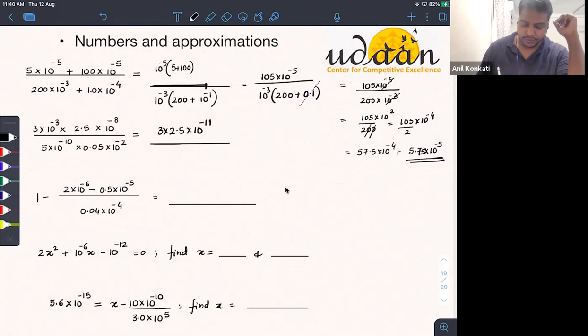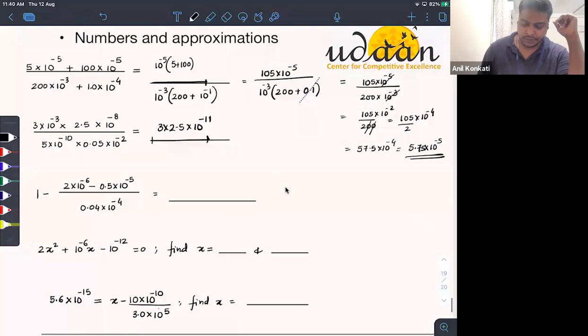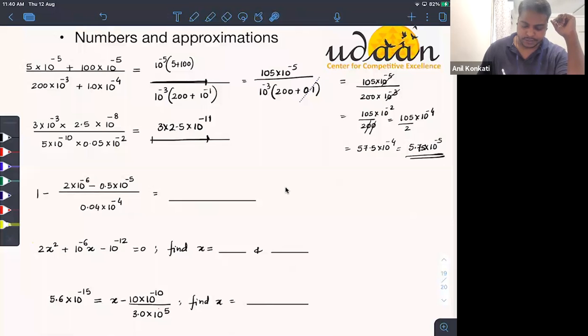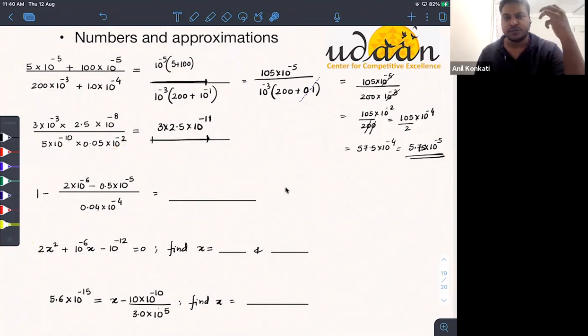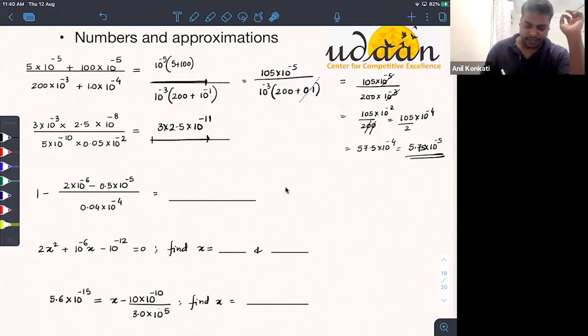That whole divided by, here you see 10 raised to power of minus 2 and 10 raised to power of minus 10. 10 raised to power of minus 10 is way too small a number, son, it's much smaller as compared to 10 raised to power of minus 2. So which means I can ignore this entire term.